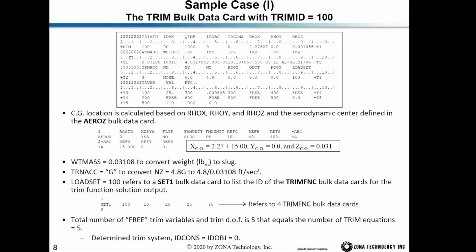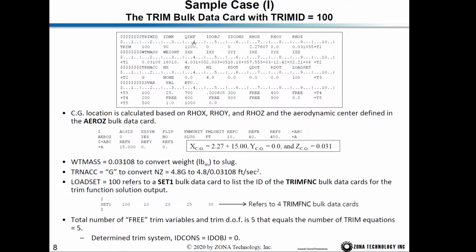So this is the trim card, with ID 100, and this 100 will be referred to by the trim case control command equals 100, and this refers to the MK Aeroelastic card, and from the MK Aeroelastic card we can grab the AIC at K equals 0, and also the mean flow condition.